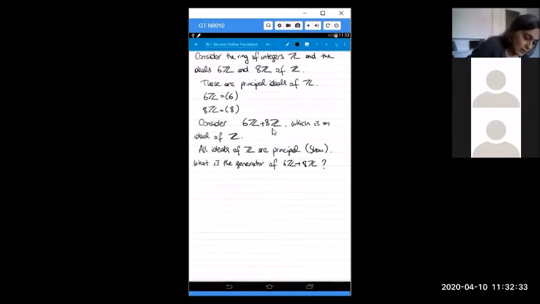Okay? Now 6Z plus 8Z consists of all elements of the form 6m plus 8n, where m and n are integers. Okay, so do you have any guess for the generator?